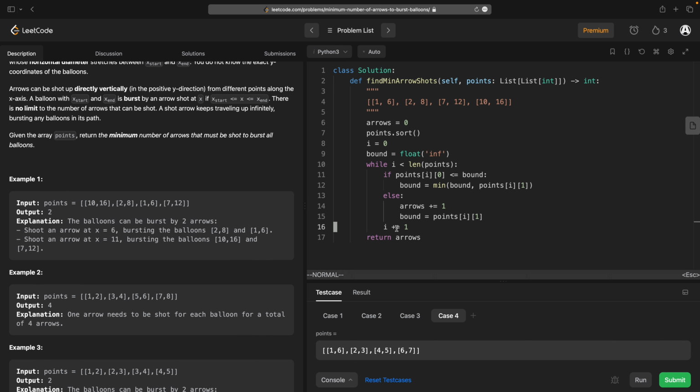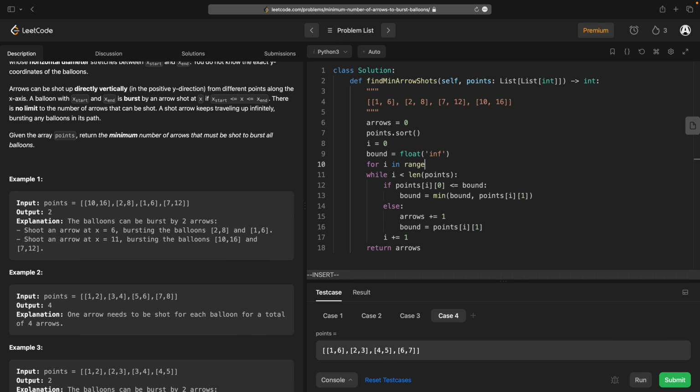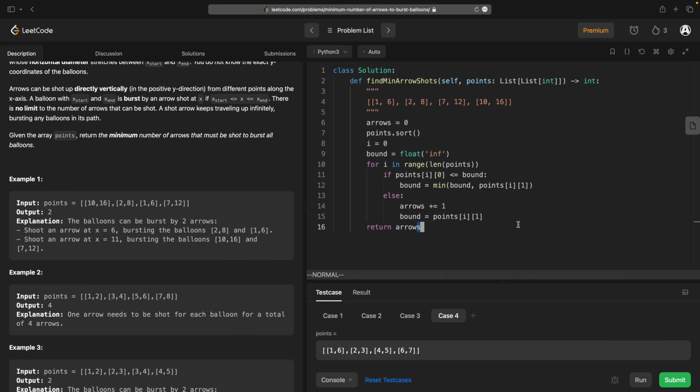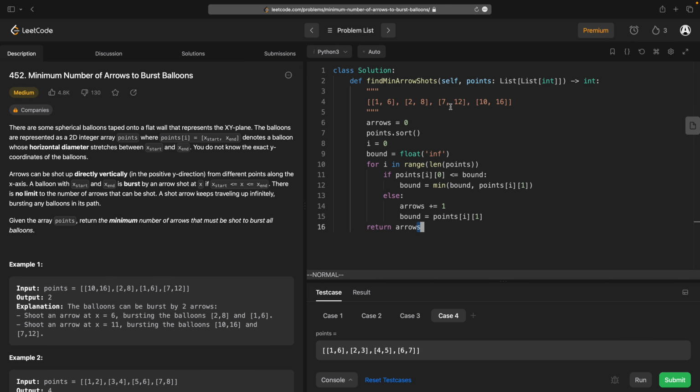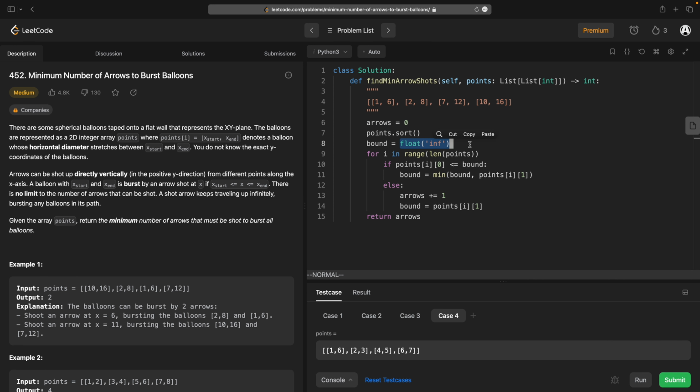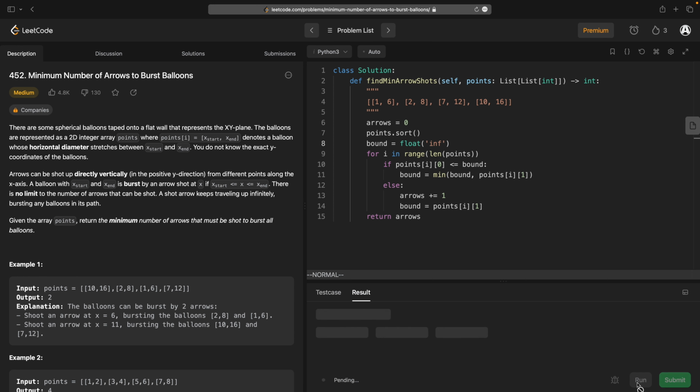Then always increment. Oh, so this isn't a while loop, but it's for I in range len points. Suddenly seems rather straightforward. I'm a little bit suspicious here because this is working surprisingly well, if it's working. I don't need an I anymore. I'm suspicious. That came together surprisingly.